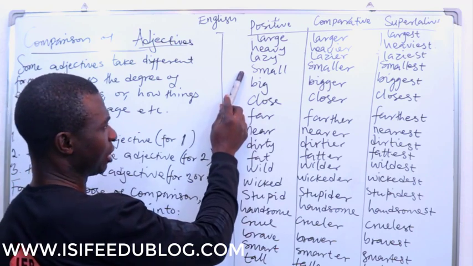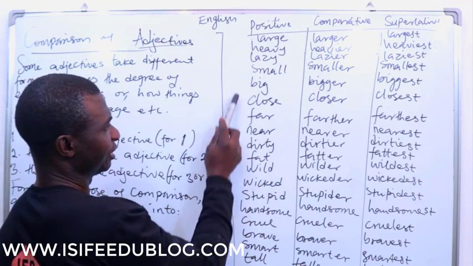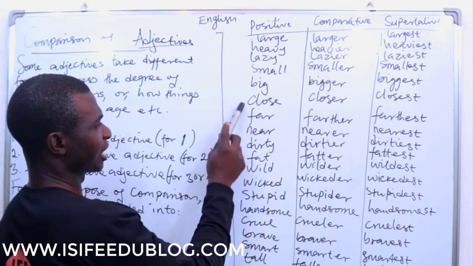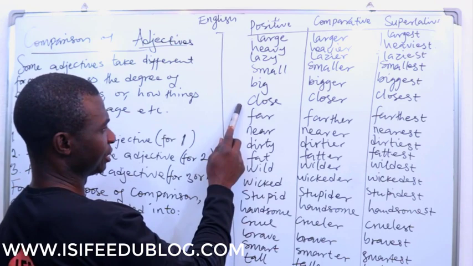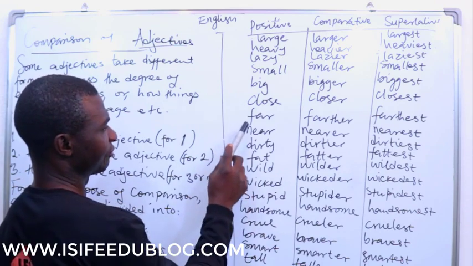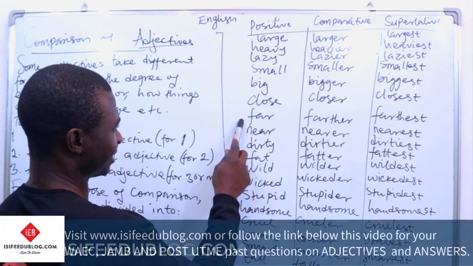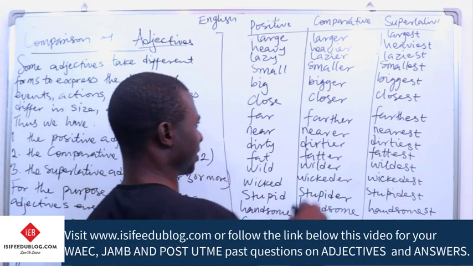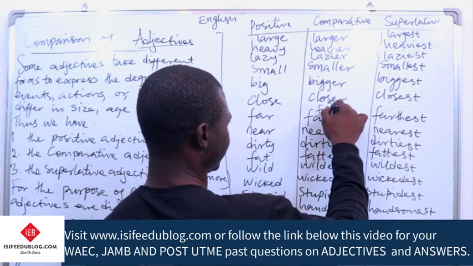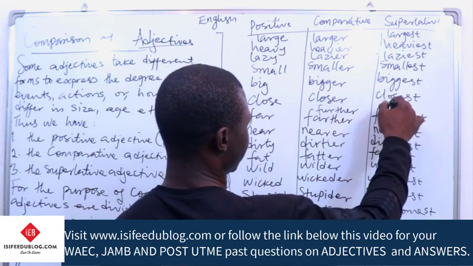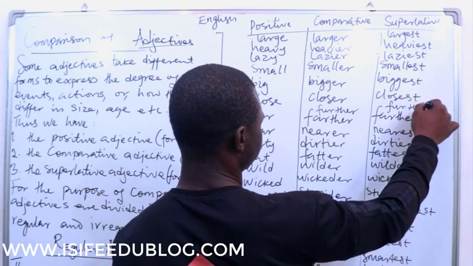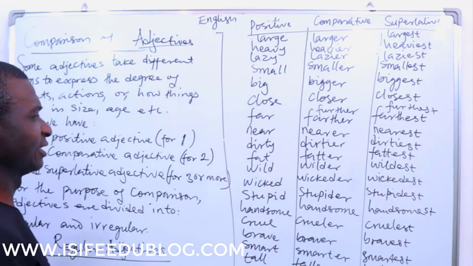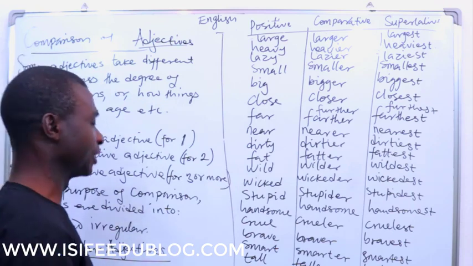Small, smaller, smallest. Big, bigger, biggest. Close, closer, closest. Far, farther, farthest. Another way of comparing far is by using further and furthest. He went far, he went further, he went the furthest, to say.